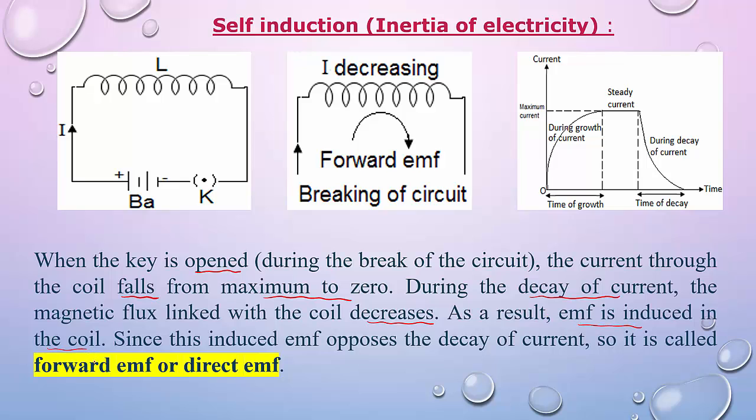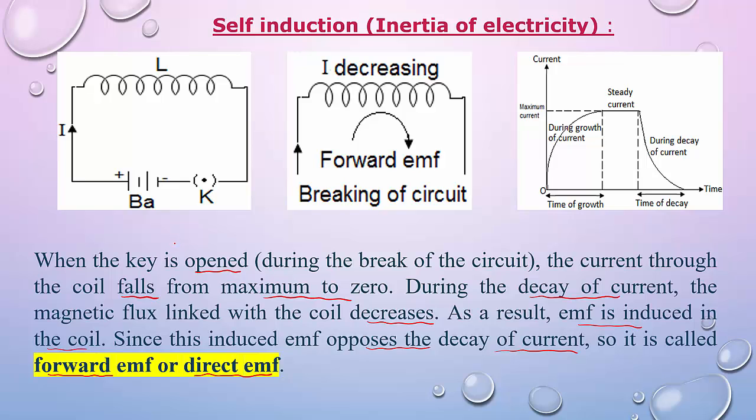So this induced EMF again opposes decay of the current. So we are going to call it forward EMF or direct EMF. What happens here? When the plug key is open, current goes on decreasing from maximum to 0 value. When the current is decreasing, magnetic flux also decreases.